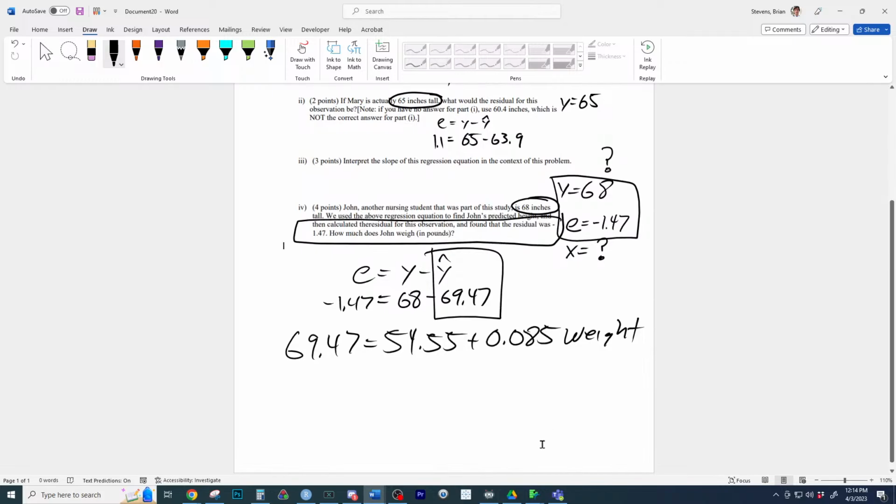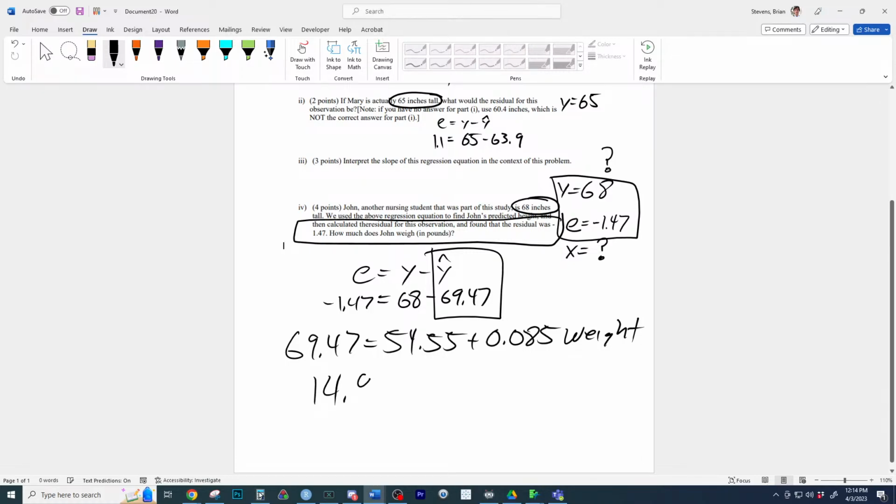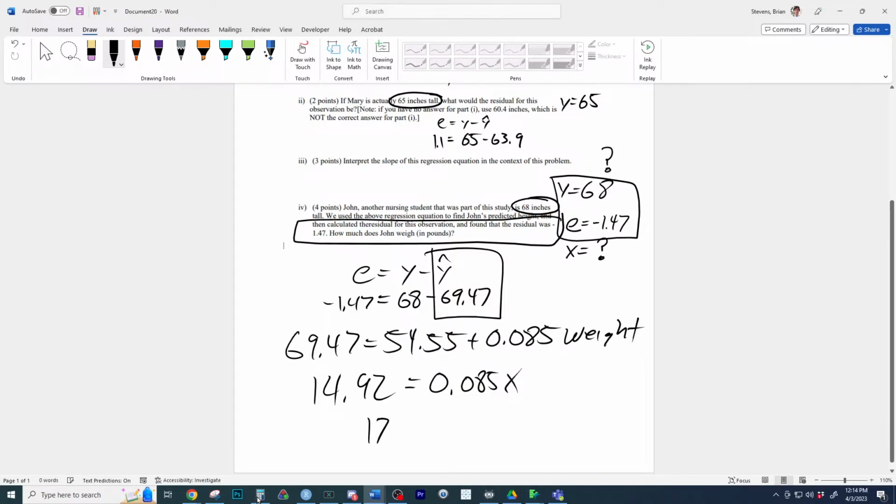So we know right here the rest of the equation, and so we're just going to subtract off from both sides. 69.47 minus 54.55, and that's 14.92, and is that right? There it goes. And then equals 0.085, and we'll just call that x for the moment. Then we're just going to divide both sides by this value right here. And there we go. So 175.